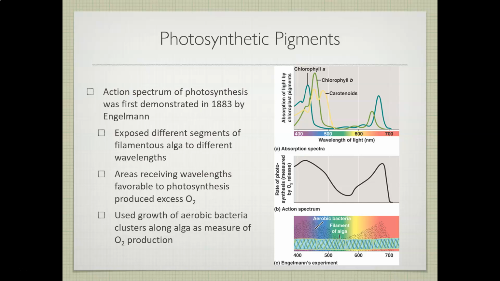So here's just the basics, right? He did this all the way back in 1883, which I think is kind of clever because they definitely had to have a basic understanding of the way light worked, and they did at this point. But to be able to use those bacteria, know what they were doing, know that photosynthesis, at least in some component, was occurring, and be able to piece all of this together is really pretty cool.